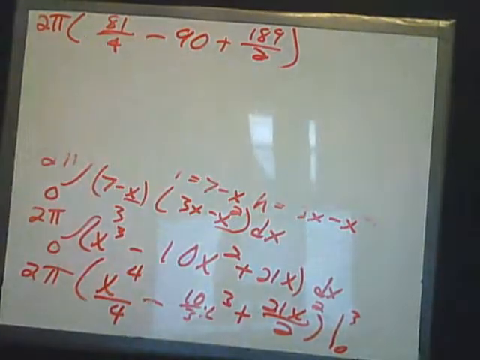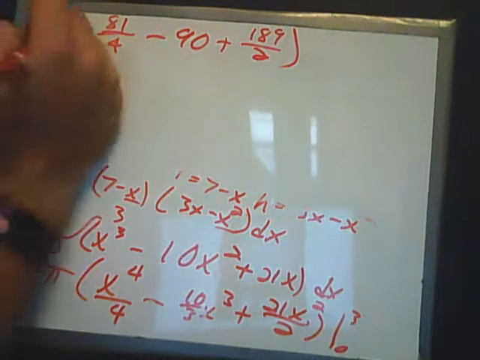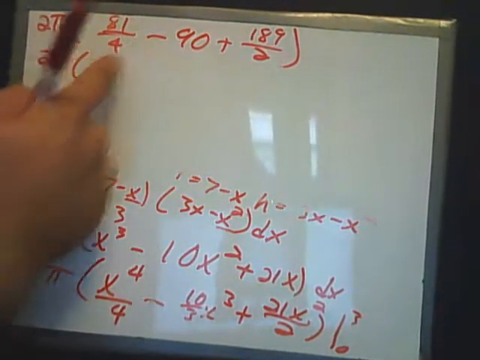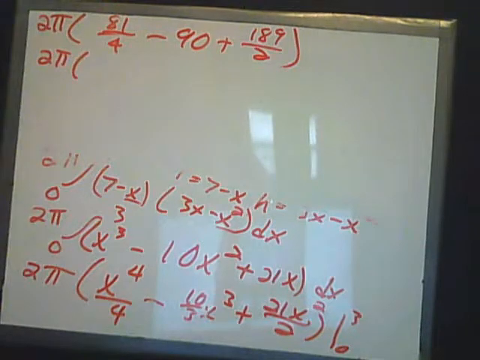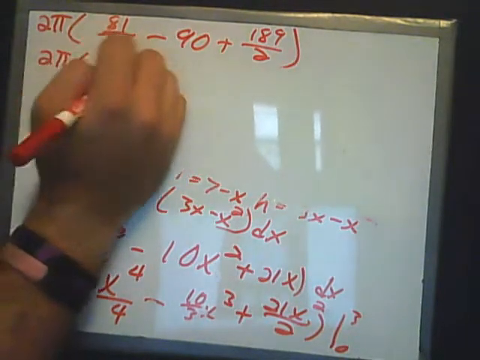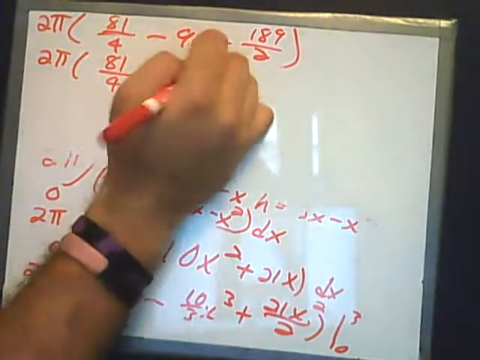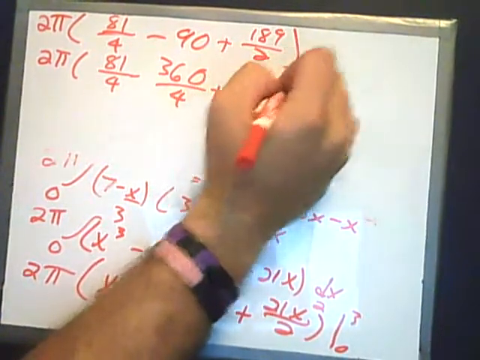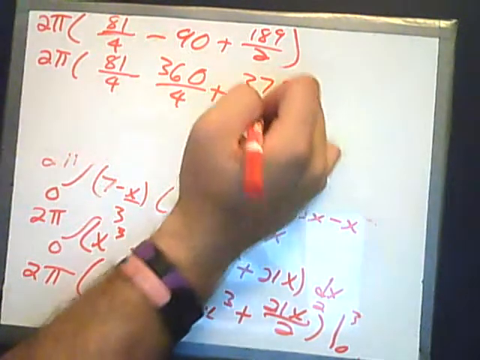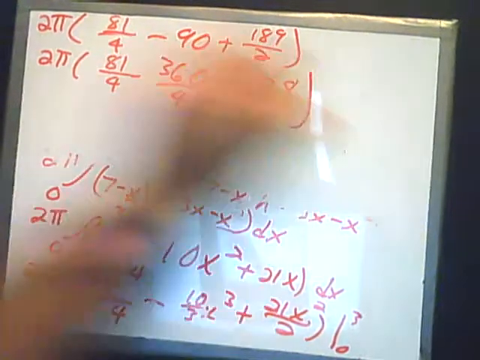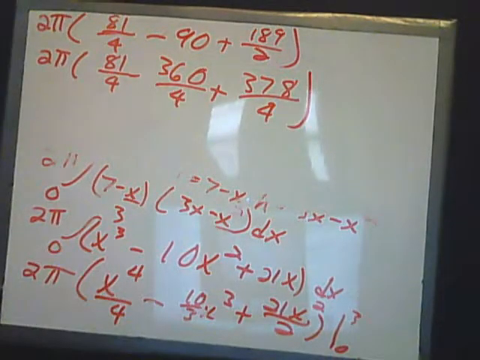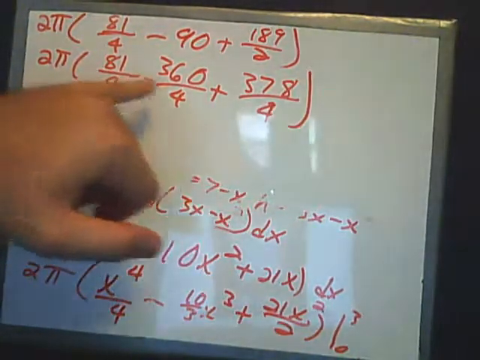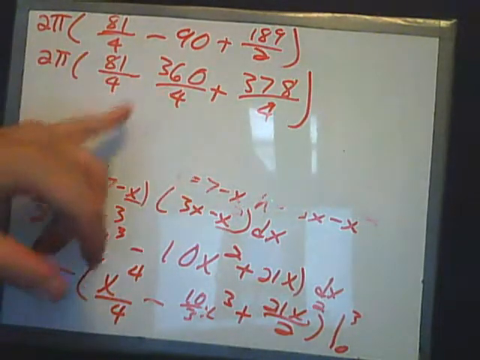Now we have dropped the 2 pi down. For your common denominator here, we've got 81 over 4 minus 360 over 4 plus 378 over 4. So we take 378 and subtract 360, which gives us only 18.